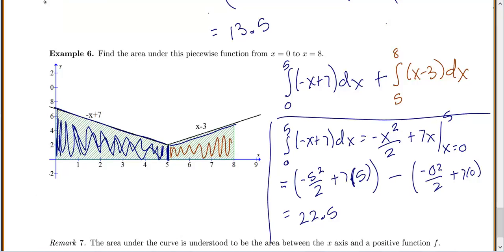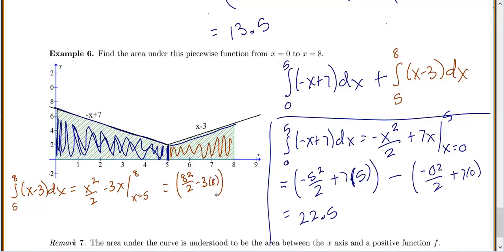Now let's do our second integral. So the integral from 5 to 8 of x minus 3 dx is going to be x squared over 2 minus 3x, evaluated from x equals 5 to 8, which is going to be 8 squared over 2 minus 3 times 8.